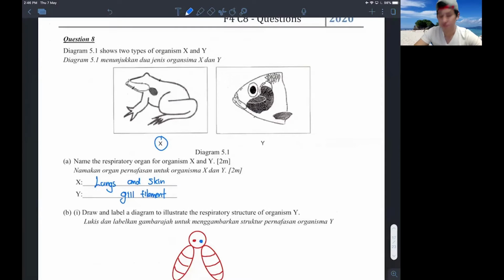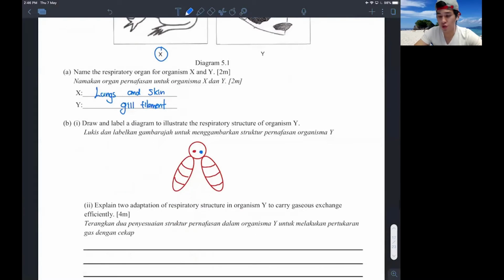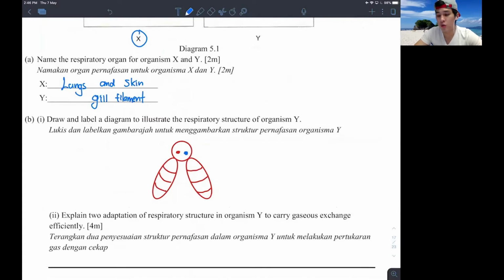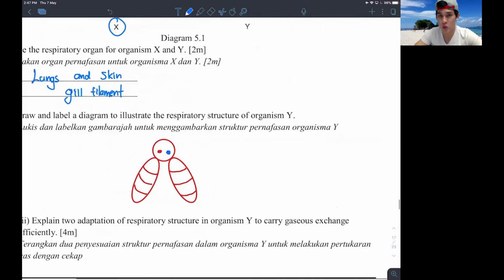Okay. Now, last week, I also drew this for you, which is they asked to draw the respiratory structure in organism Y. Draw the gill filaments. So as I drew for you last week, the gill filament looks like a fly, a lalat like this. So you don't have to draw all the filaments. I know there are many filaments.